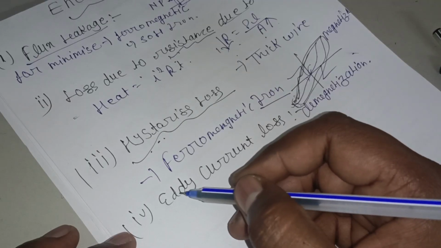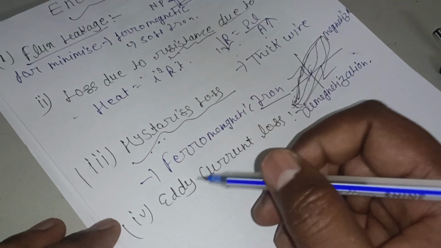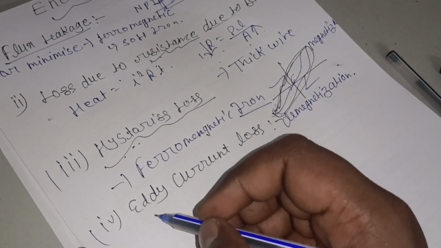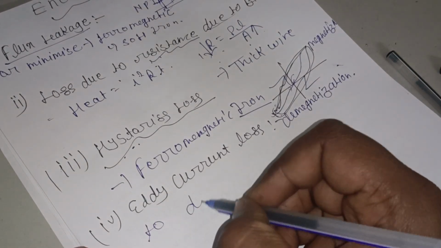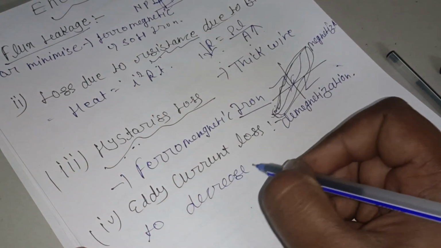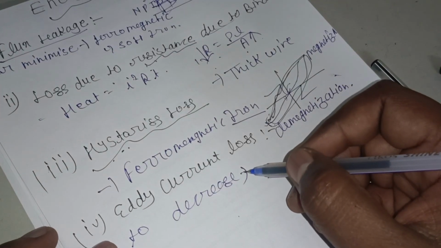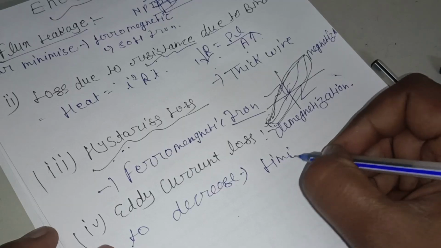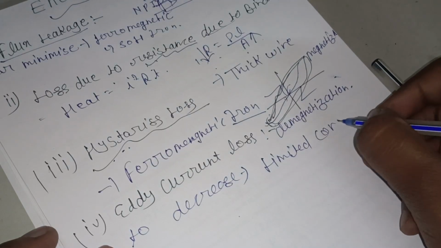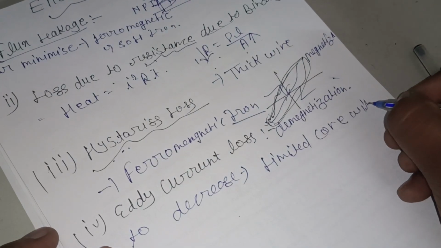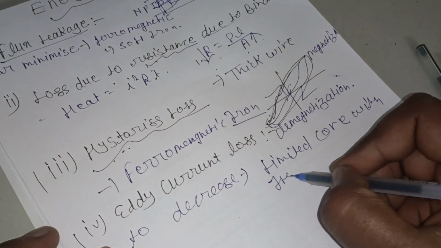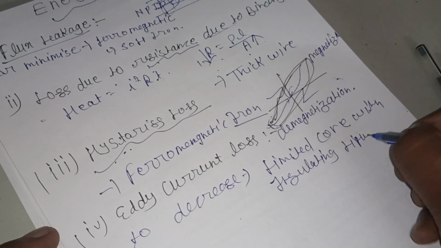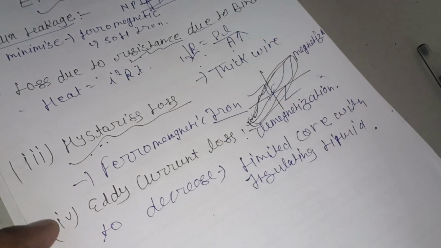To decrease it, we use a laminated core with insulating liquid. Okay, so that's all.